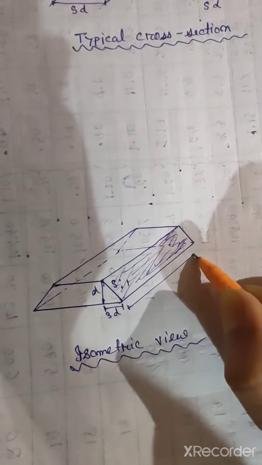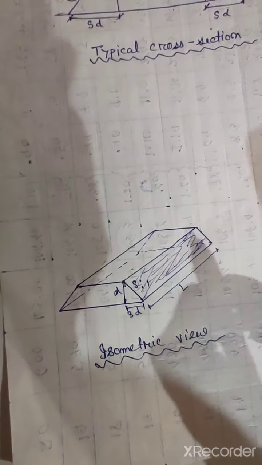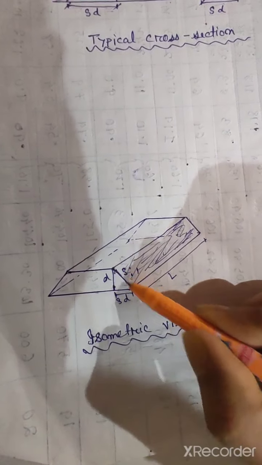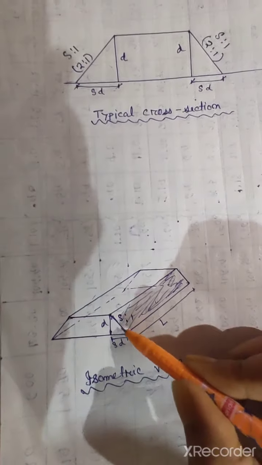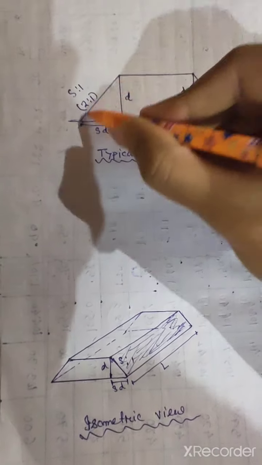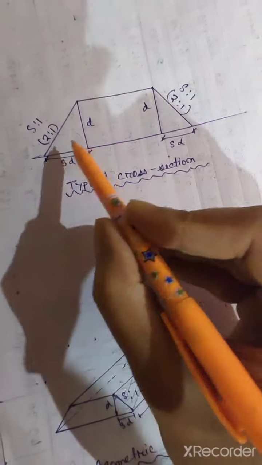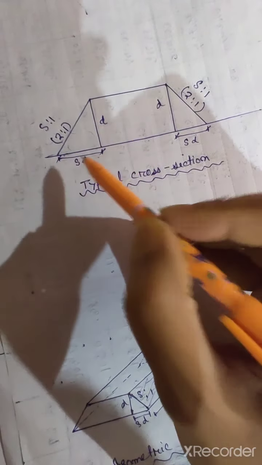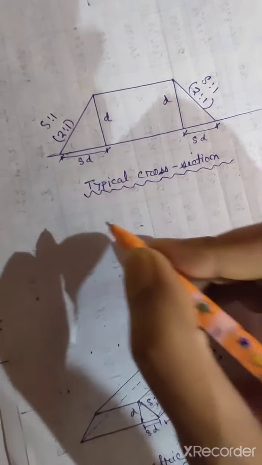For that we need this length. Suppose this length is L. Now we need to find out the length of this side, this one or this one, same thing. This base we know, perpendicular we know. So what is the hypotenuse? It's very easy.